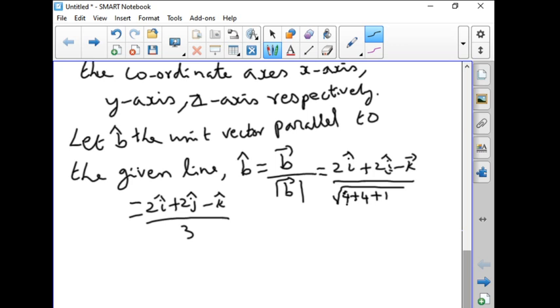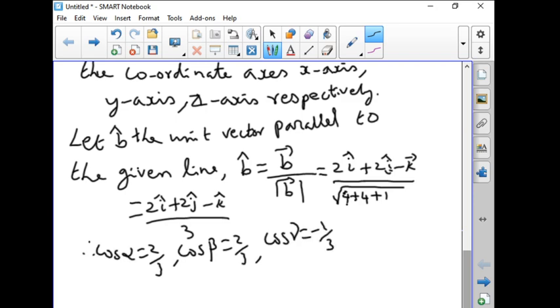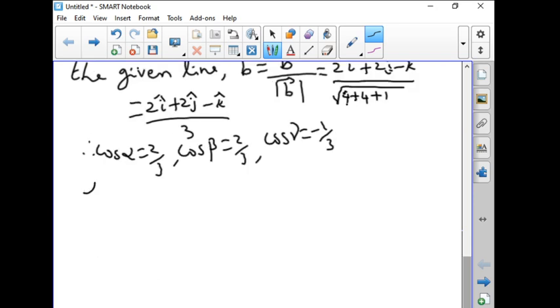So alpha, beta, gamma are the angles we have taken. Therefore, from this we say that cos alpha is equal to 2 by 3, cos beta is equal to 2 by 3 and cos gamma is equal to minus 1 by 3. So, what is alpha?